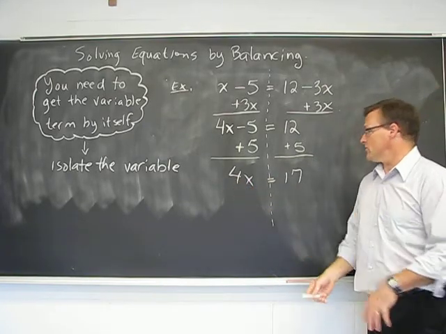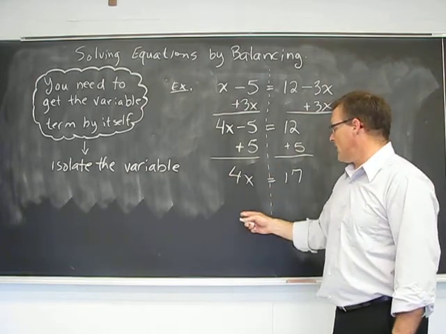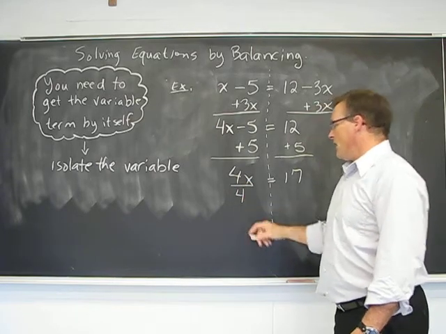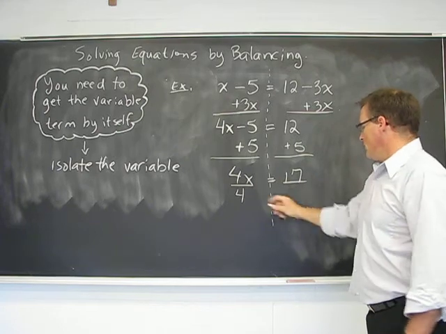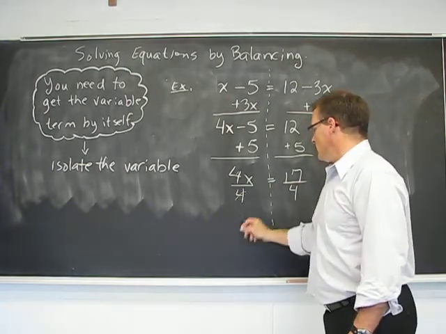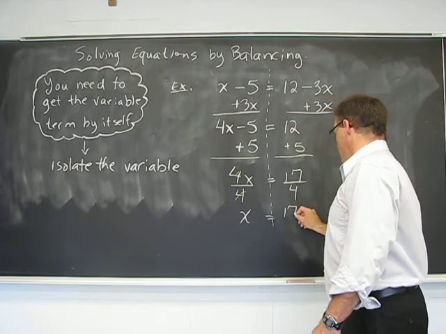It's a multiplication. So I do that by dividing by the coefficient of the variable. In this case, that means dividing by 4. If that was a fraction, you would multiply by its reciprocal, and whatever you do to one side, you do to both sides. So these would cancel out, leaving me with x equals 17 over 4.